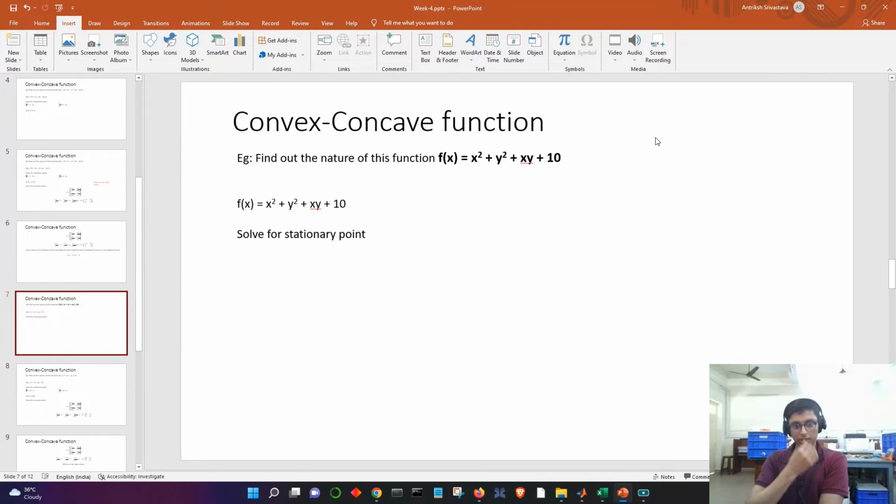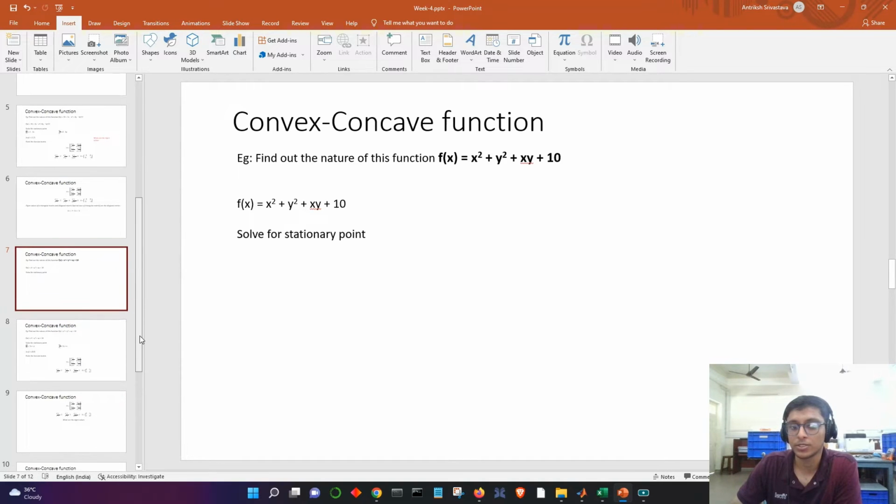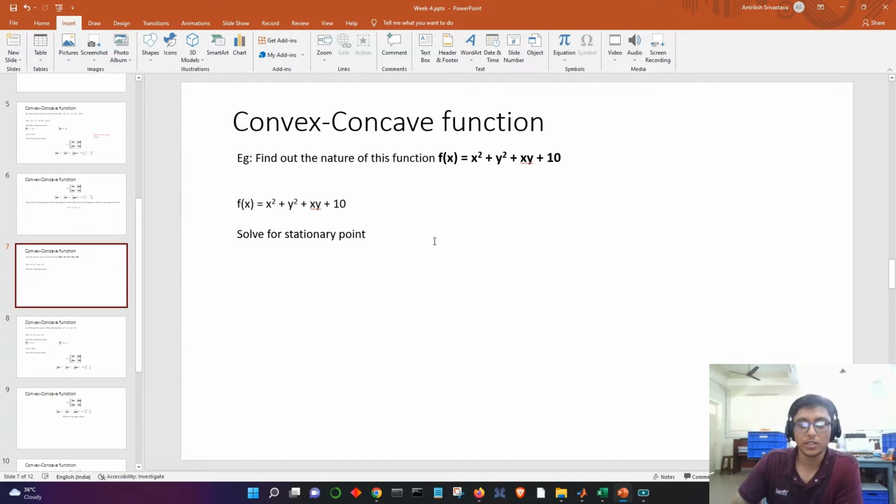In this question, you will tell me what the eigenvalues are. It's only a 2 by 2 matrix, so I expect that in 1 or 2 minutes you can tell me the eigenvalues for this particular function. Again, the steps are the same. First, we find the stationary point. I will do half the work.